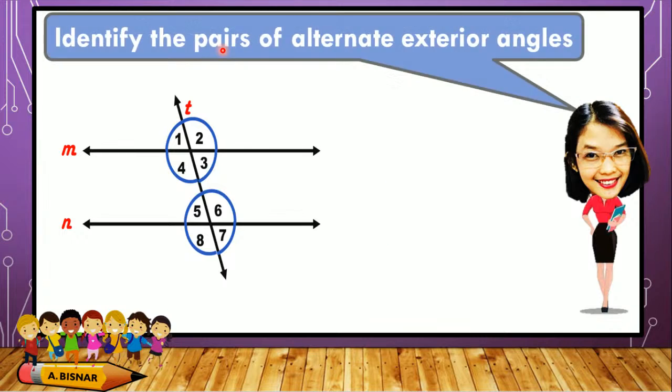How about with this one? Identify the pairs of alternate exterior angles. How many pairs and what are those?